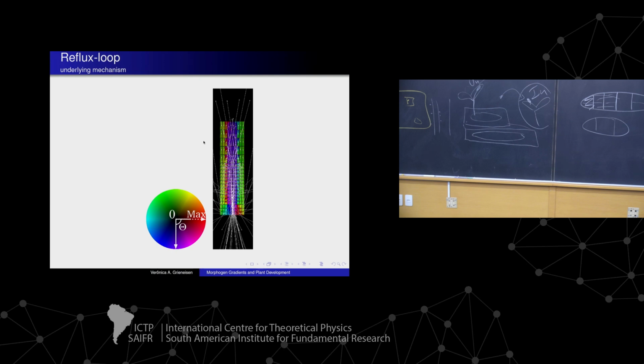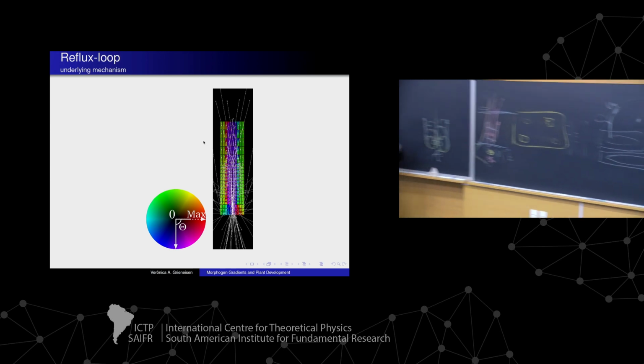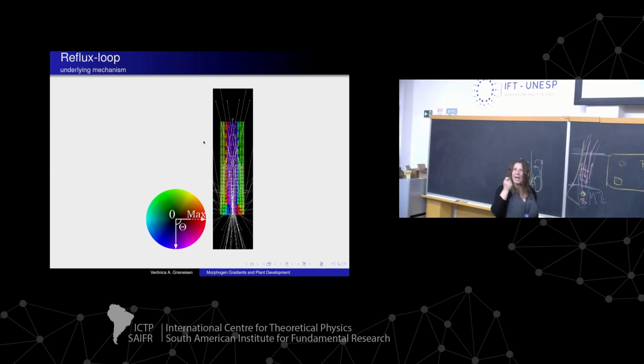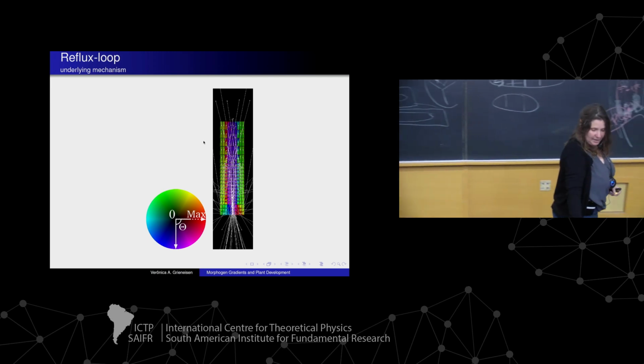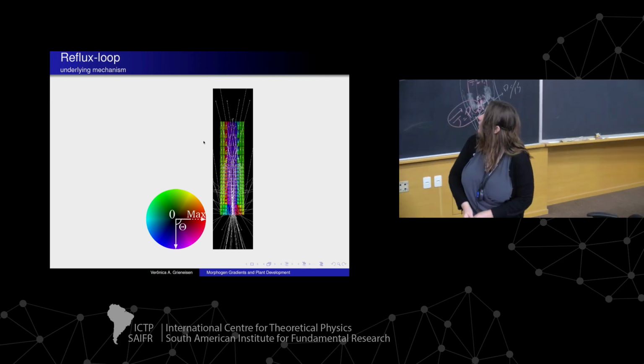But because everywhere you have some flux going back, you end up dynamically maintaining this high amount at that interface. We call that the reflux loop.